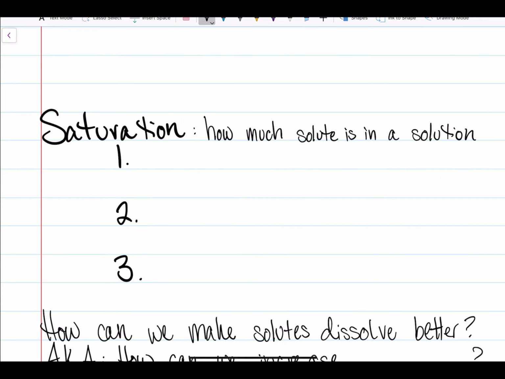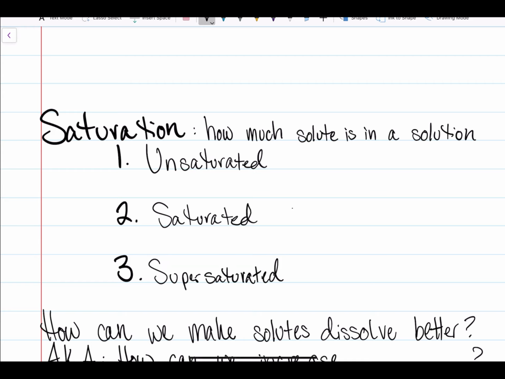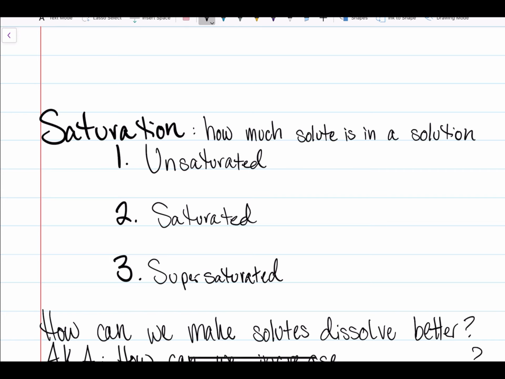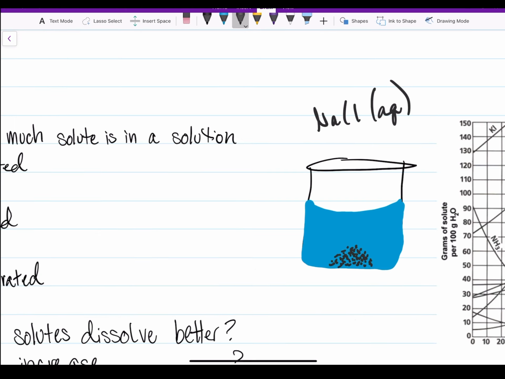So for saturation, we have unsaturated, then we have saturated, and lastly, we have supersaturated. So we're going to start with supersaturated and work our way backward. Let's say we have that solution of salt water again, so aqueous sodium chloride, and we have a beaker full of water, so we'll say the blue stuff is water.